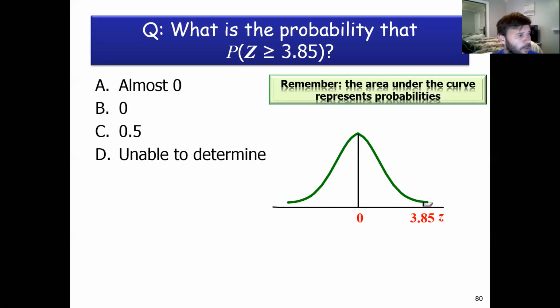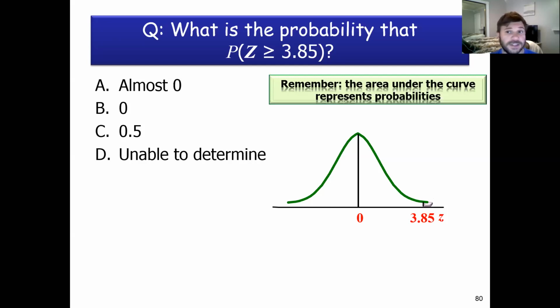But remember what a Z value of 3.85 means. That means we're almost 4 standard deviations away from the mean. Remember that 3 standard deviations out on either side captured 99.7% of the area underneath that curve, so only 0.15% was in that upper tail.